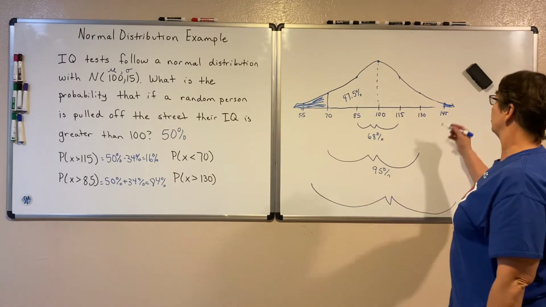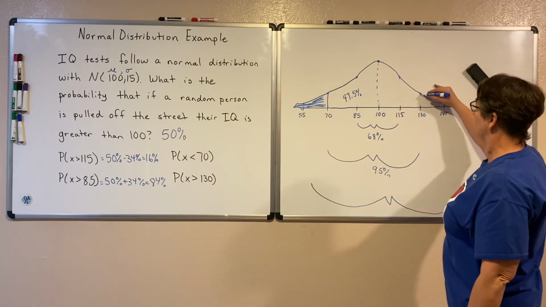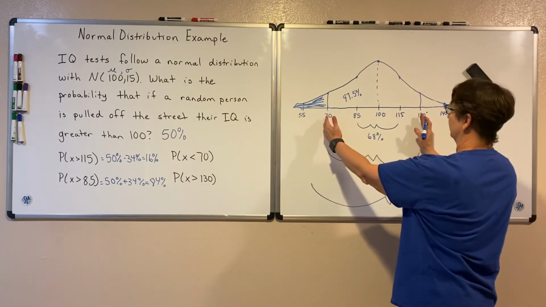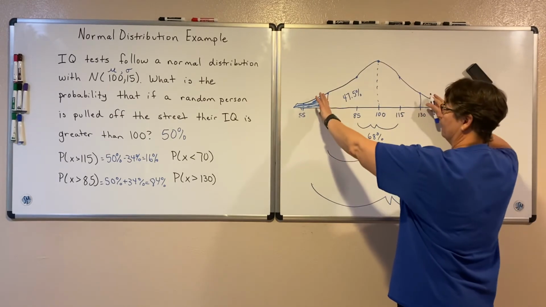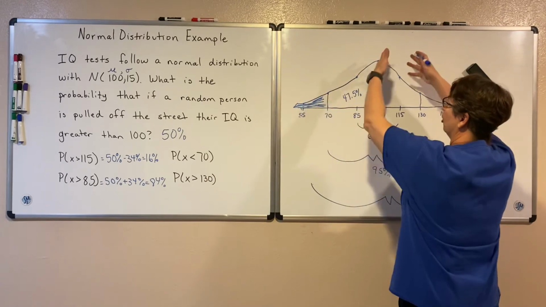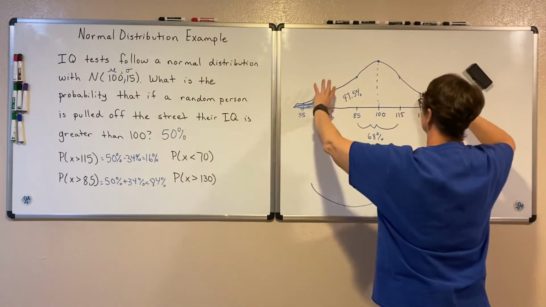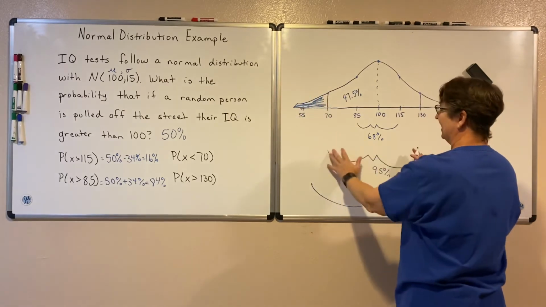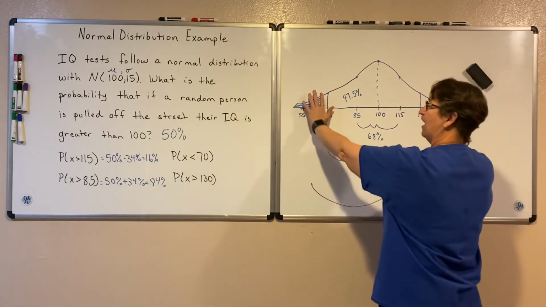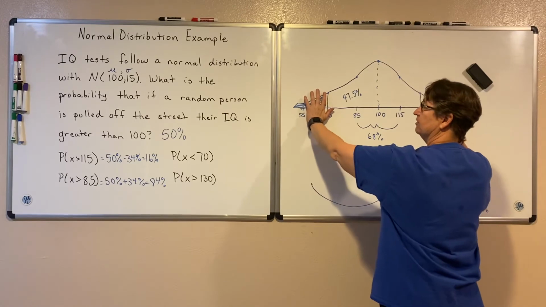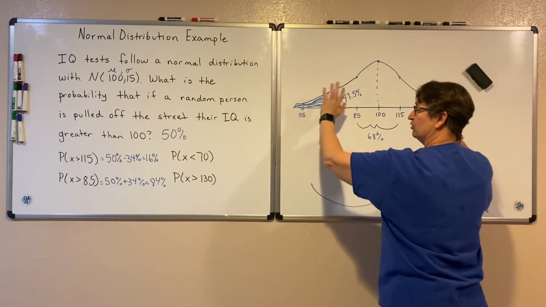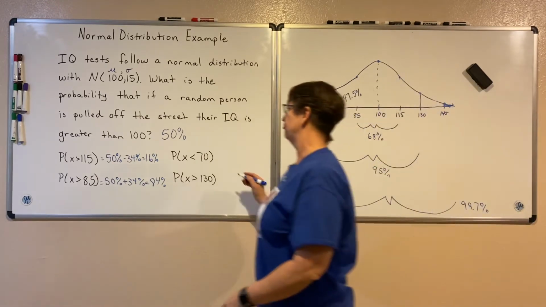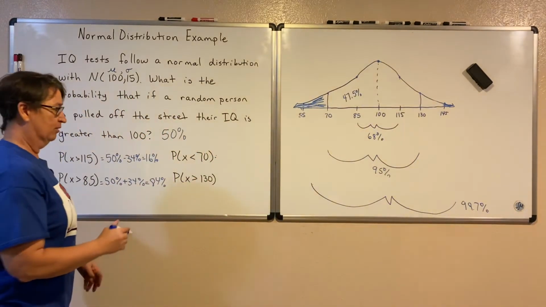Another way to do it would be to say, well, I know from here to here is 95%. So on the edges, if the whole thing makes up 100%, on the edges is 100 minus that 95, which gives me 5%. I need only half of that, so I end up with 2.5%. So there's several different ways to do it.